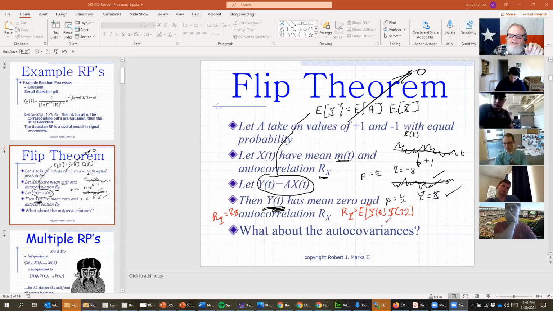Which is exactly the same thing as the expected value of a times x of t times a times x of tau, right? Which is equal to the expected value of a squared times the expected value of x of t, x of tau.